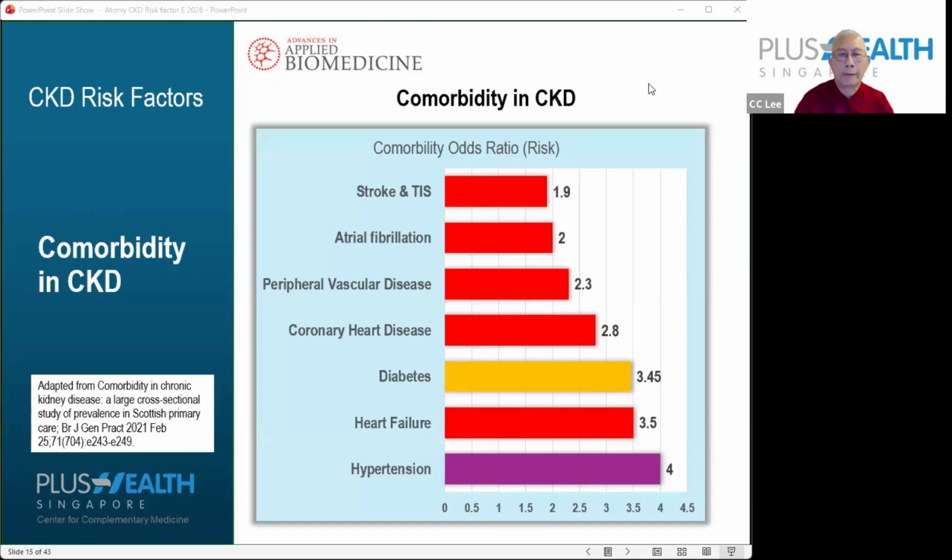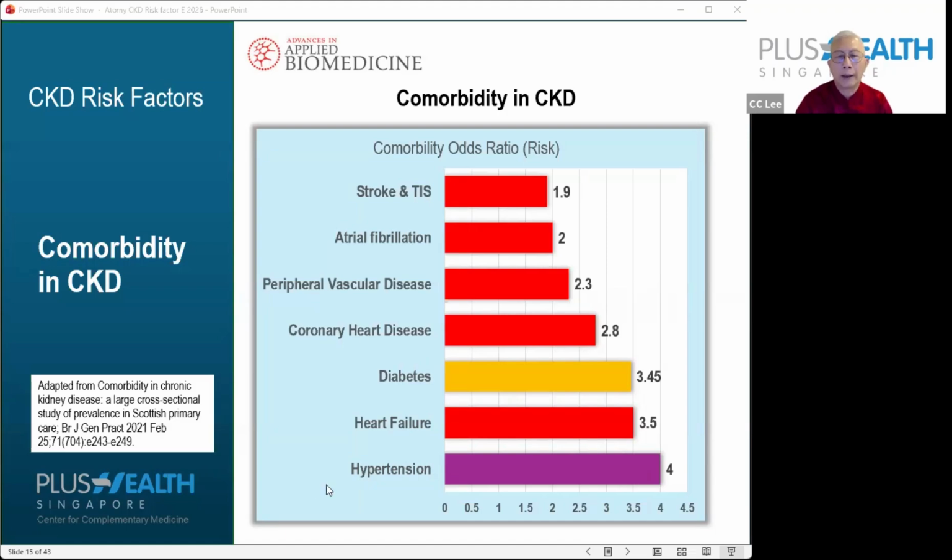Okay, let's look at the comorbidities in CKD, which means in a CKD patient, what are the other common diseases that they will be suffering from at the same time. So in here, you can see that one of the highest comorbidities in CKD is hypertension, which means hypertension is very prevalent in CKD patients, followed by heart failure and diabetes, which I have talked about earlier, right?